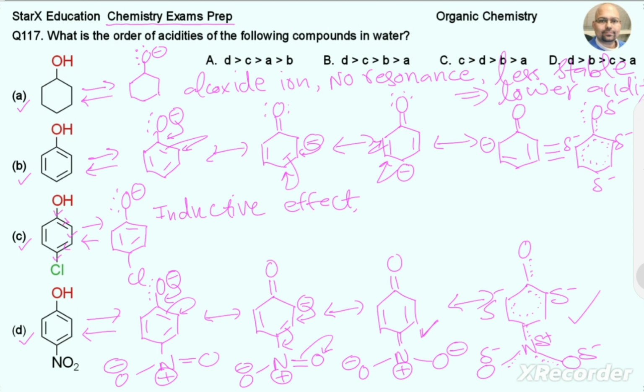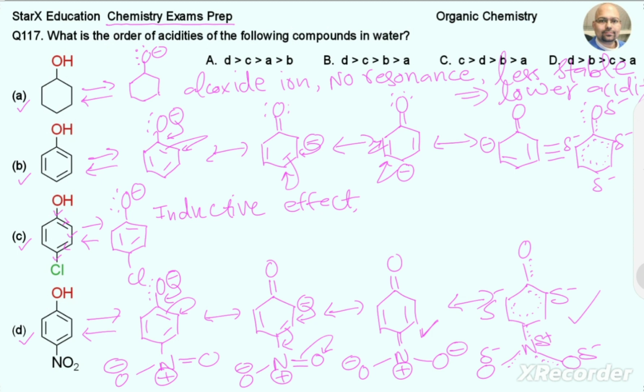We can see quickly why para-nitrophenol will be even more acidic than para-chlorophenol and phenol, because this time the phenoxide ion is even better stabilized by a very strong electron withdrawing group, the nitro group.